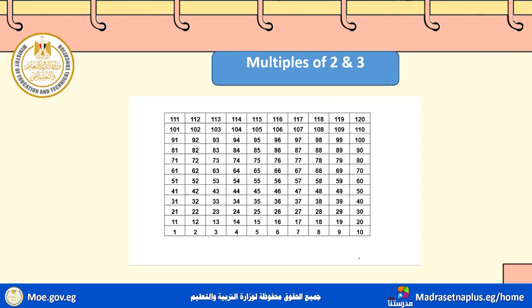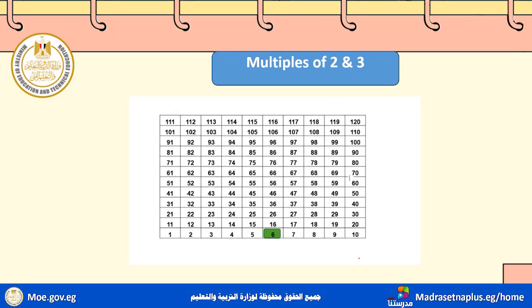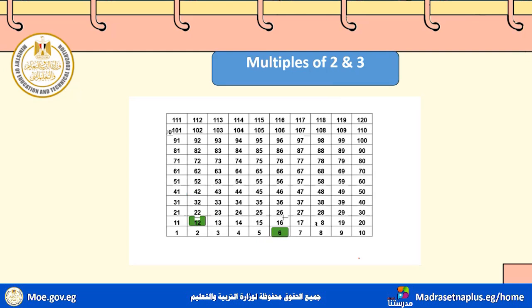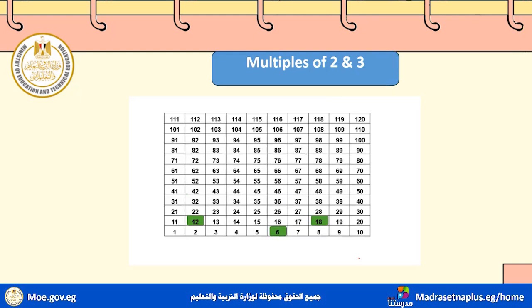Again with the 120 chart. What about this session now? What happened? I didn't color 2 or 3, but I colored 6, 12, 18, 24, 30, 36.